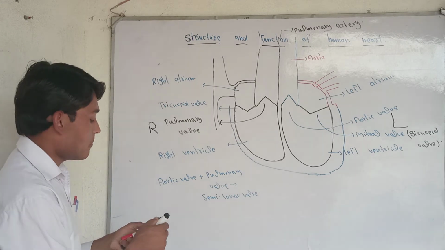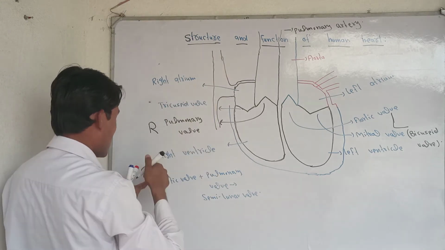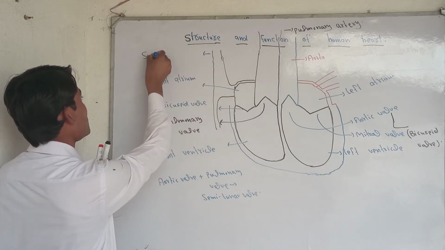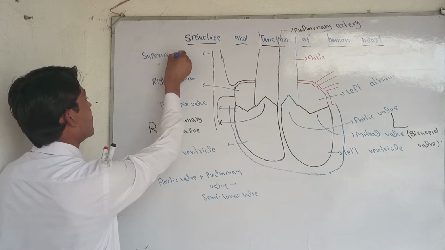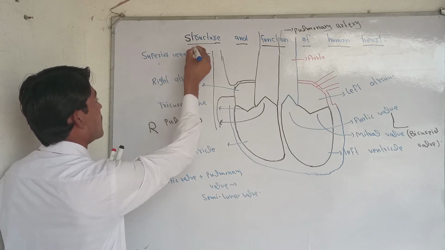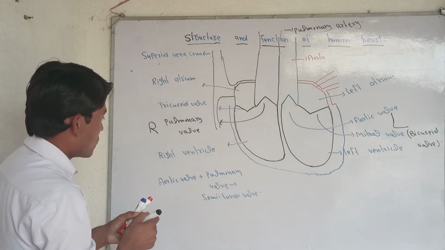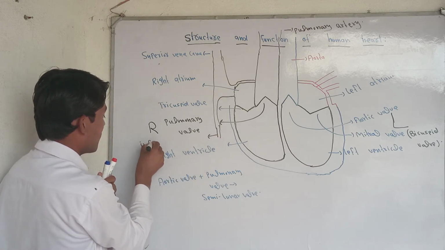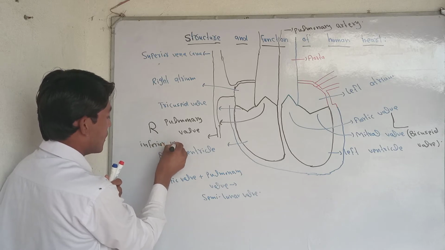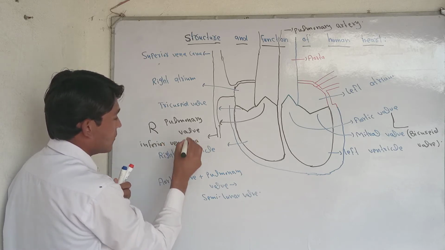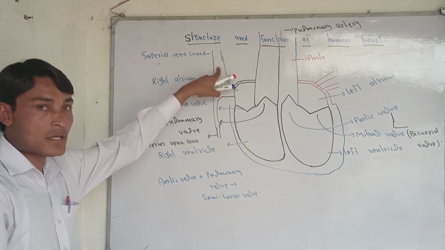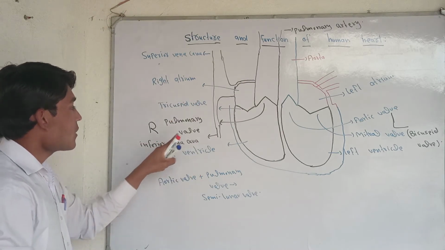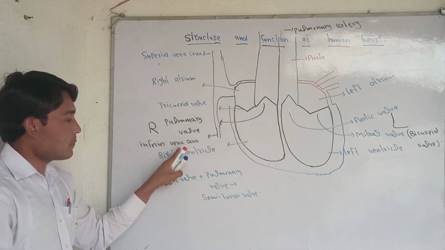And this one is called the inferior vena cava. The first largest vein is the superior vena cava, and the lowest vein is the inferior vena cava.